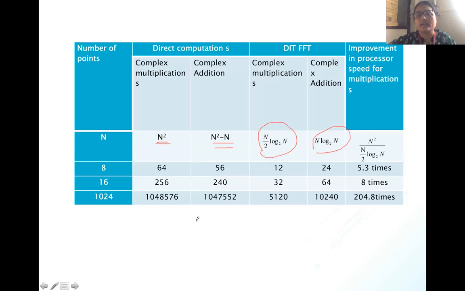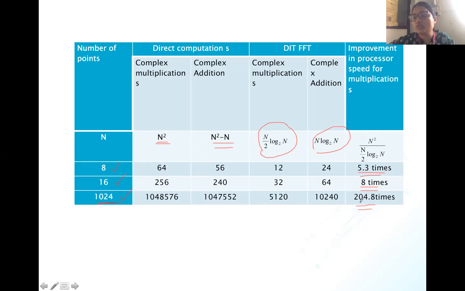You can see the number of points here: 8 point DFT, here 16 point DFT, here 1024 point DFT. If you see the last column of this table, you can observe that as the number of points keeps on increasing, the computations are drastically decreasing.